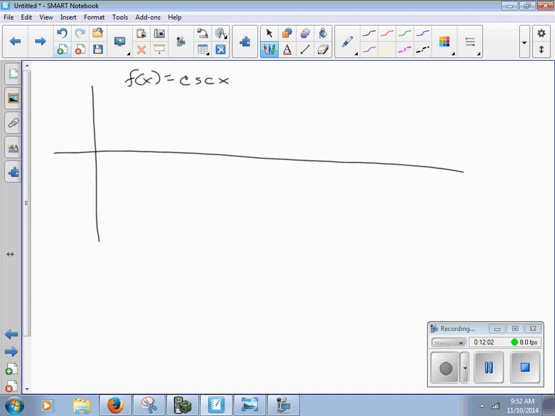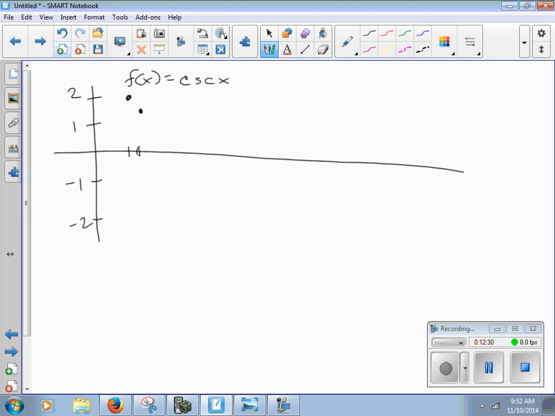At pi over 6, what's the value? It's 2. Positive 2. What is it at pi over 4? 1 point something. 1.4. Yes.